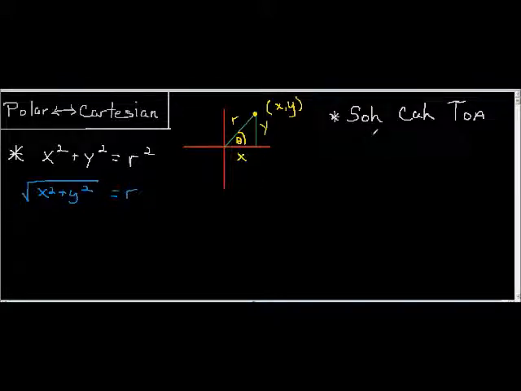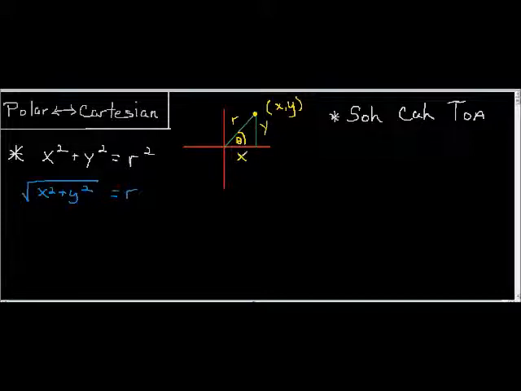Now let's go over to our SOHCAHTOA concept, our trig identities, and let's see how we can solve for theta if, say, we were given y and x again. Well, what do we know about our trig functions that has only the y and the x in that trig identity? Well, let's look at SOHCAHTOA.